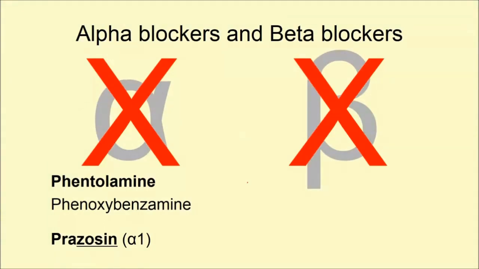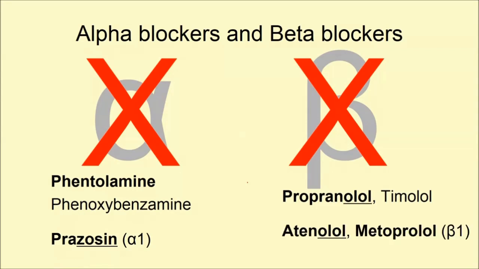Zosin is an alpha-1 blocker. Beta side, the prototype was propranolol, right? Olol is a beta blocker. And if it starts with A through M, that's beta 1 selective. If it's not olol, but similar to olol, it has activities in addition to beta blockade.